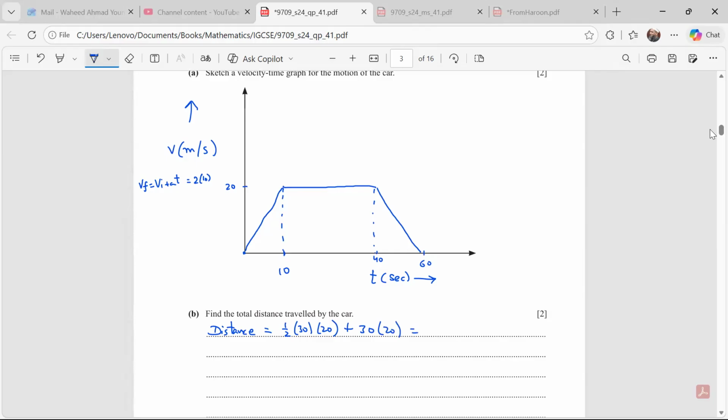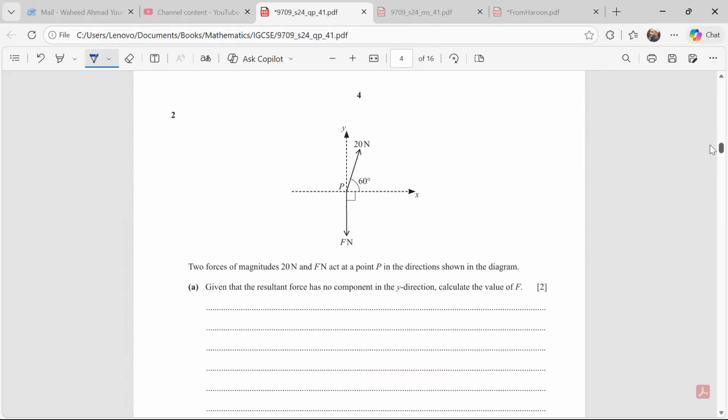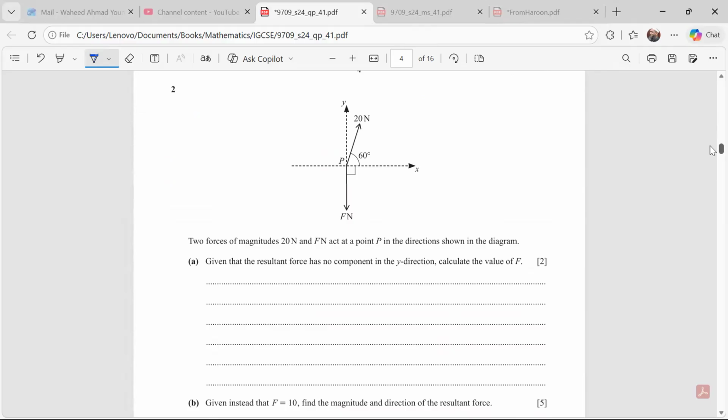So it is 300 plus 600, so the total is 900 meter. Okay, so this was part B. I hope it's clear.